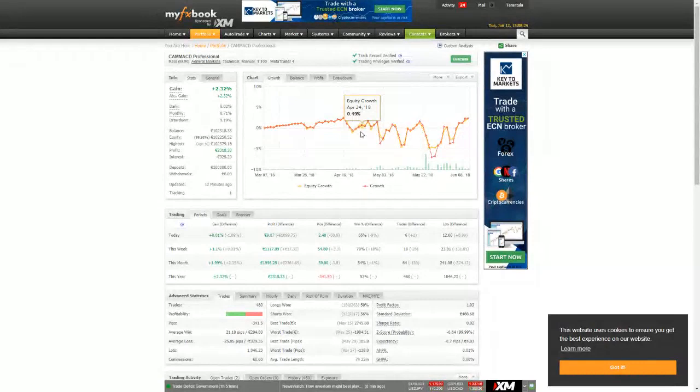It's not much, and there was some drawdown that happened here because of news trading. The name of this myfxbook account is Camarilla MACD Professional, but actually it was not only Camarilla MACD because I was trading the news.